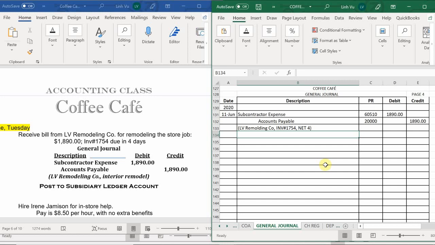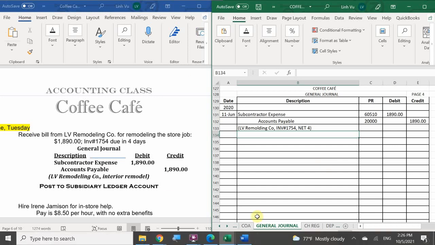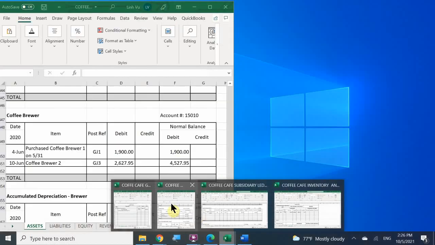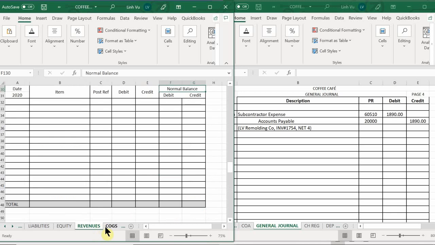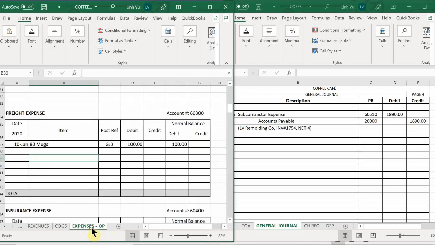Now we'll go to the ledger. Subcontracted labor expense, what kind of account is that?